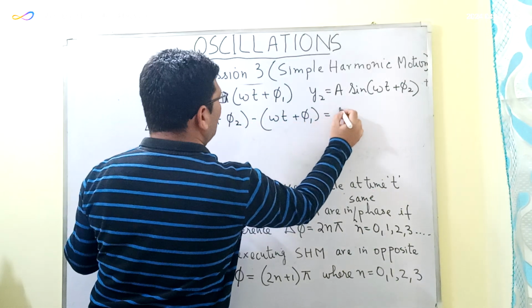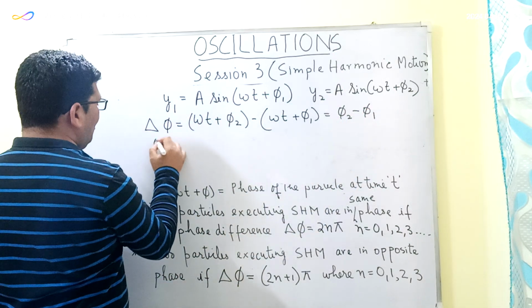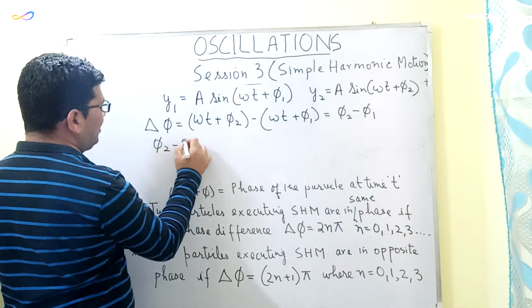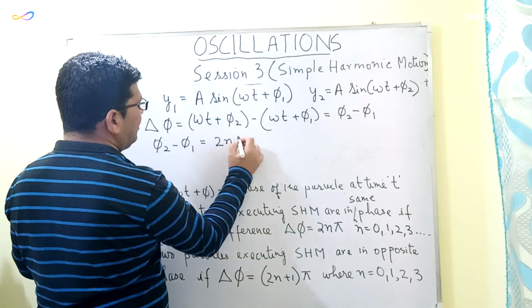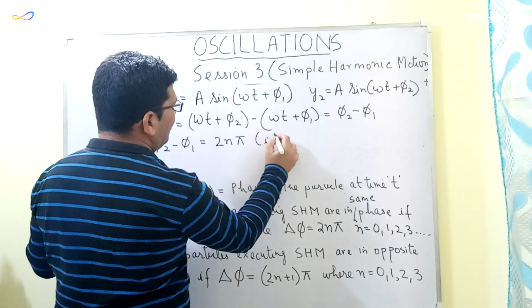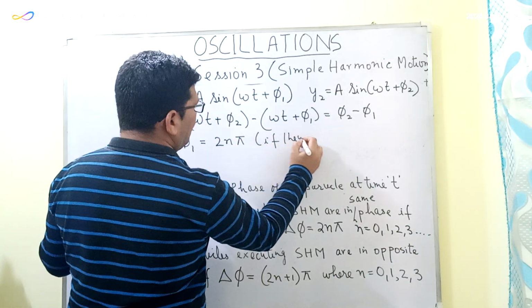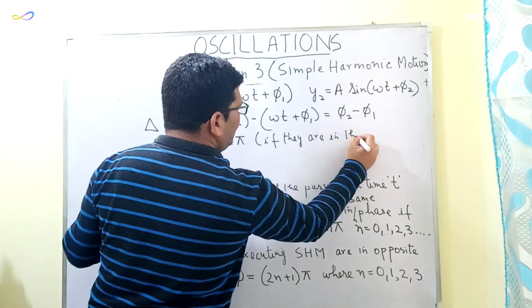So this is equal to φ2 minus φ1. Now φ2 minus φ1 will be equal to 2nπ if they are in the same phase.